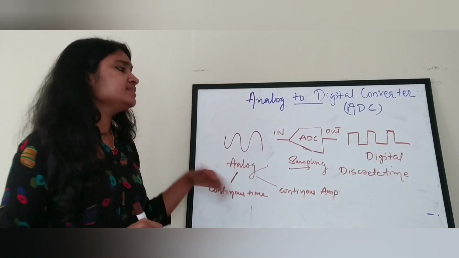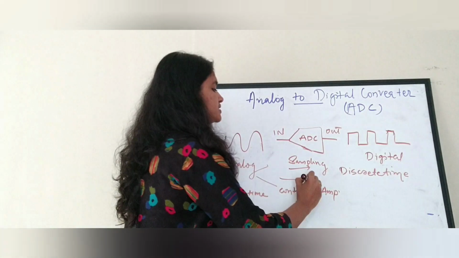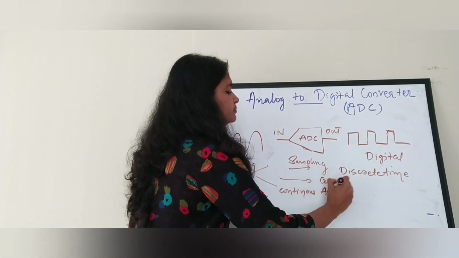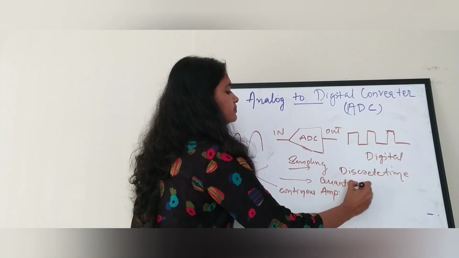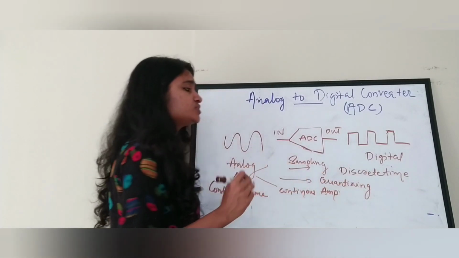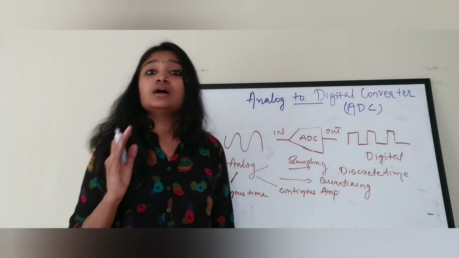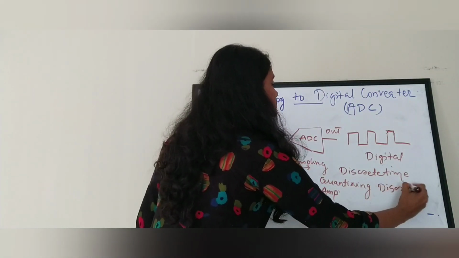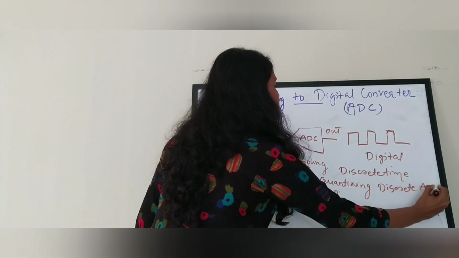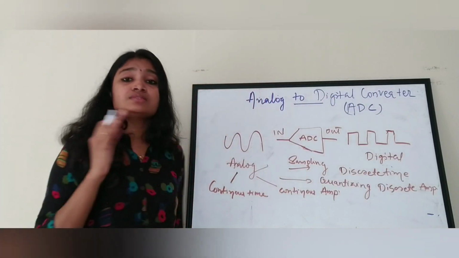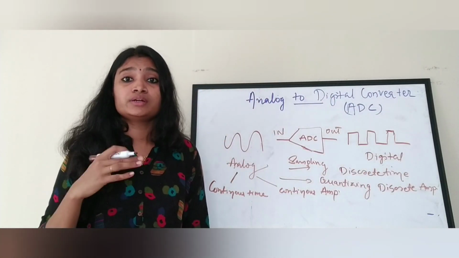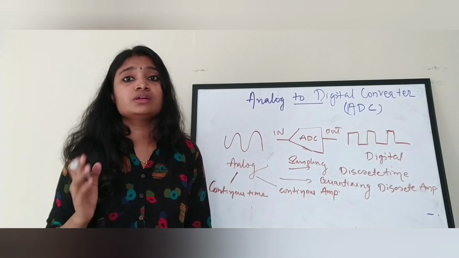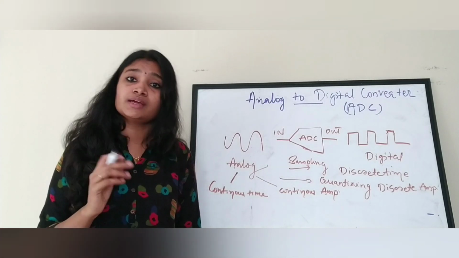Okay, in the next step, that is the quantizing step, it is going to discretize the amplitude also. So at the end of the quantizing step, we will be getting a digital representation of our corresponding analog signal.